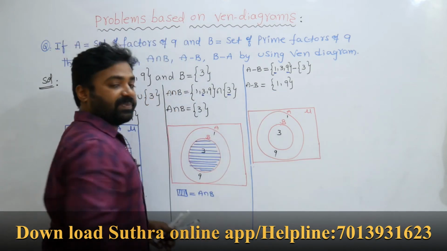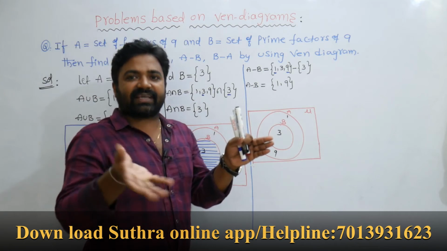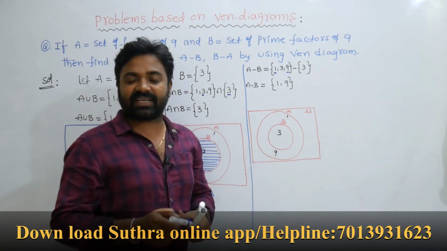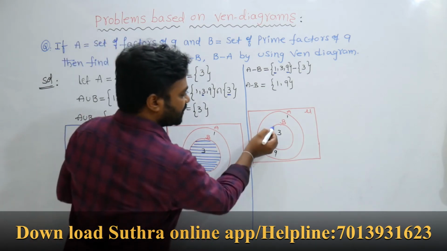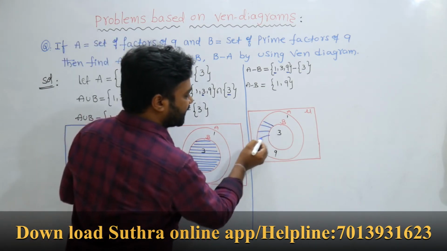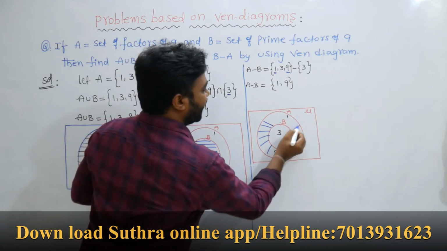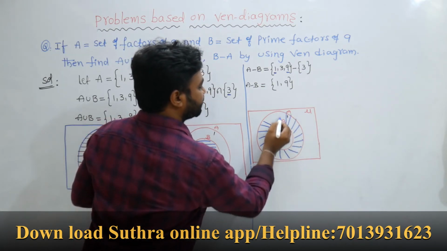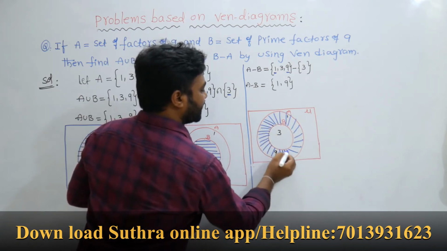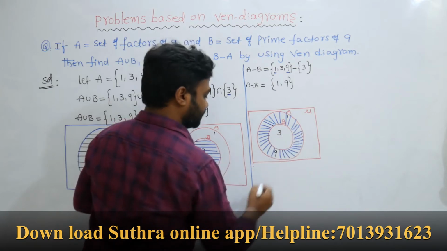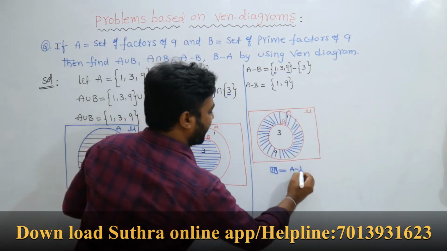Now the A minus B answer is 1, 9. A minus B is nothing but except B elements. So now we should shade. This part is except B set. This shading part is A minus B. The shading part represents A minus B.